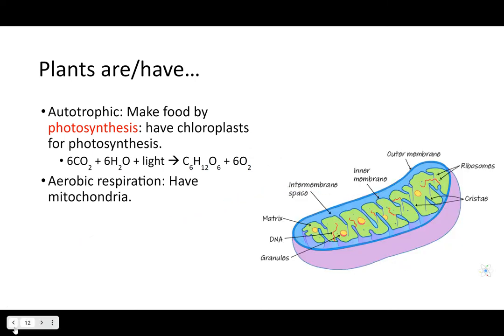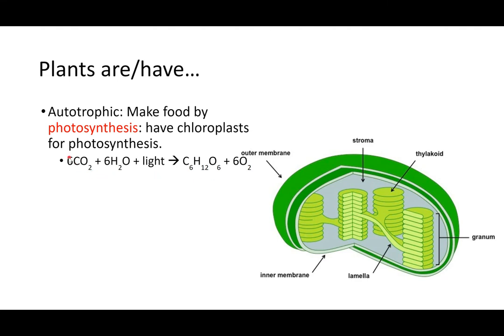So, oops, sorry, I clicked one too far. So plants will take in carbon dioxide, water, and sunlight energy into the chloroplast, and then they will make glucose, sugar, and oxygen. Now, the glucose has a couple of places that it can end up.